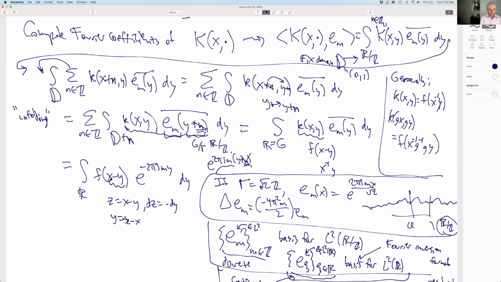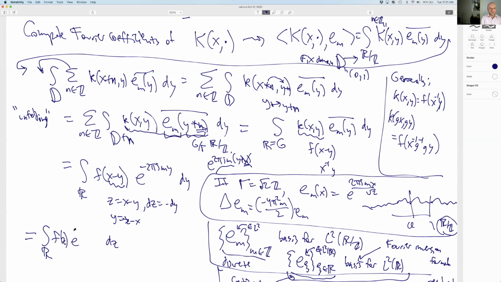We're almost there. So we were up to the integral of f of x minus y, e to the minus 2 pi i m y, dy. We were making a change of variable z instead of y. z is x minus y, dz is negative dy, so this ranges now over the reals, but in the opposite order, but there's a minus sign here. So you get the reals again, dz, f of z, that was the whole point.